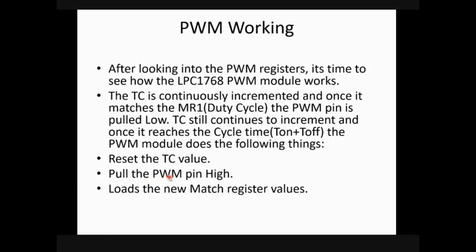Once again, the PWM pin will be pulled to high. That means your wave will go to high again and load the new value into the particular MR1 or 2 or 3, whichever PWM you are using. In that register, the new value will be loaded and your wave starts from high once again, and the same operation continues.